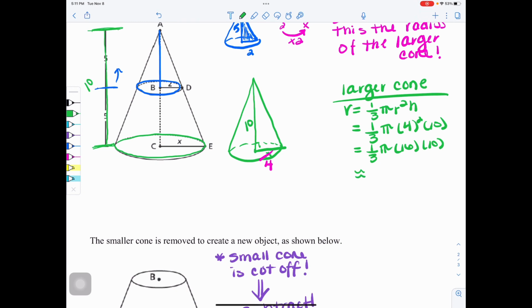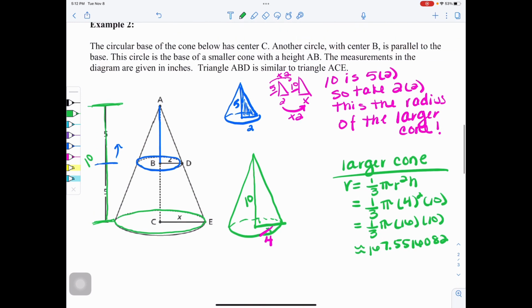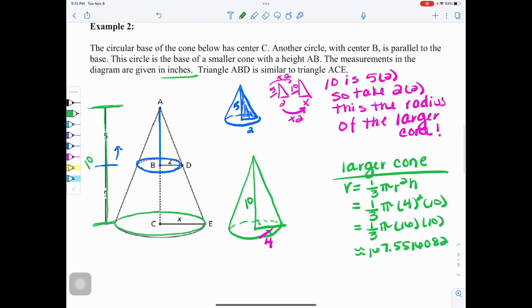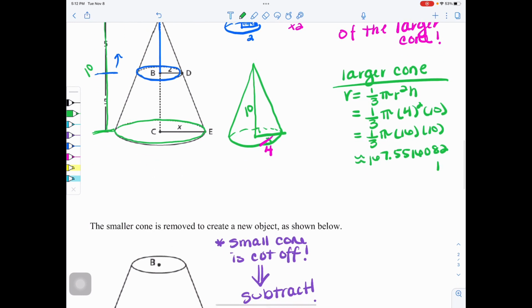If you want to leave it in terms of pi until you do the work at the very end, that's okay. So that's 167.5516082. And since this is volume, and remember it said it was measured in inches, this is inches cubed. That's the larger cone. Now let's find the volume of the smaller cone.